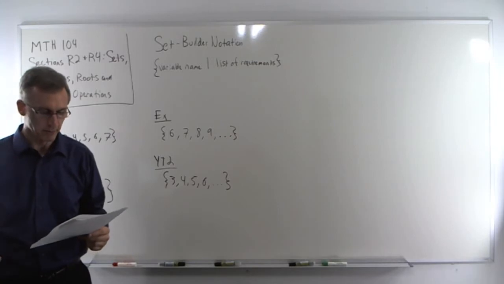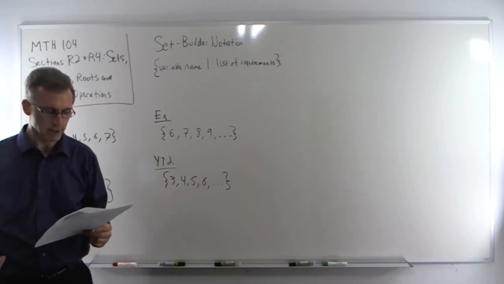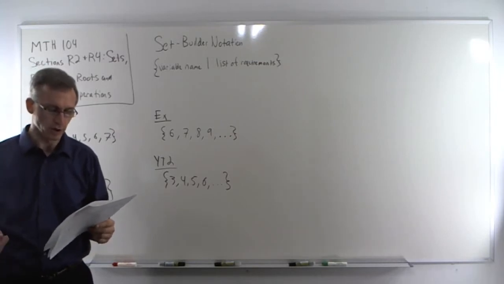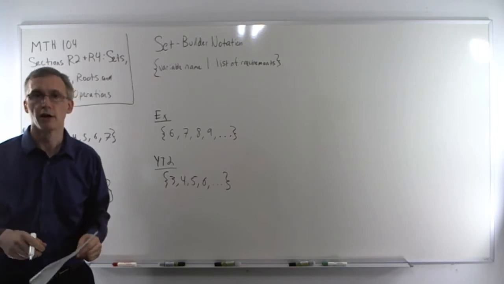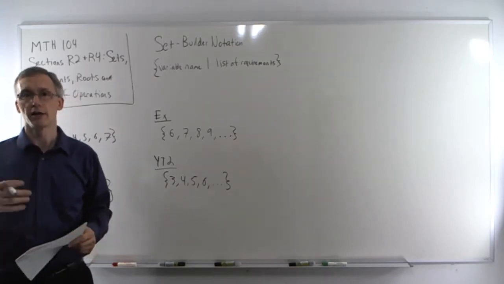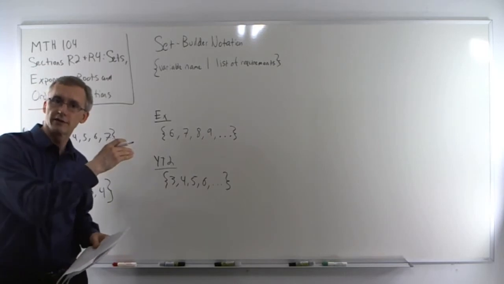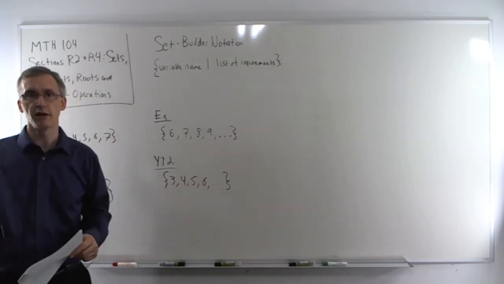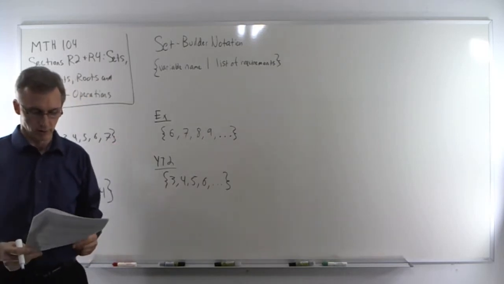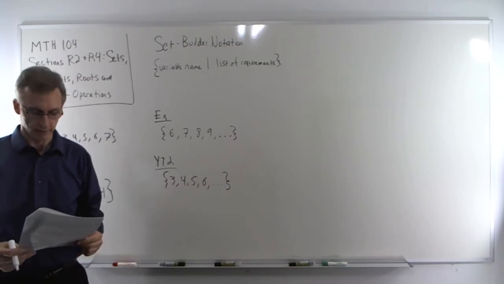All right, next example, list the elements in the set x such that x is an integer multiple of 3. All right, now the integers are like the whole numbers, but they also include all the negatives. So this includes every whole number, positive and negative.